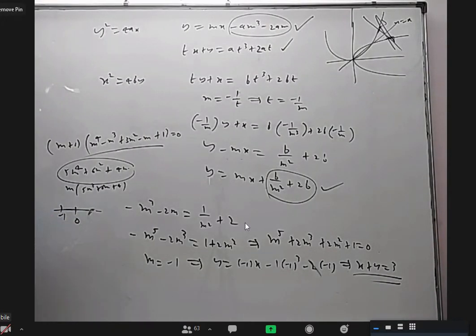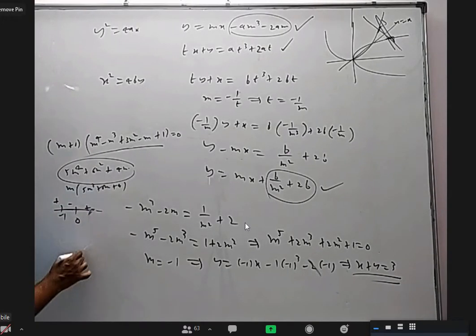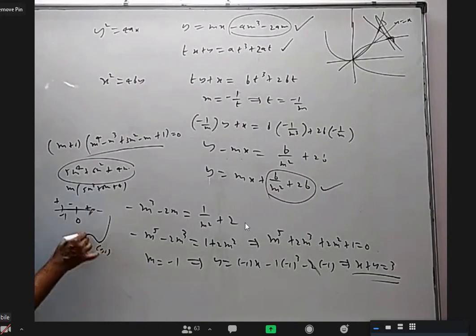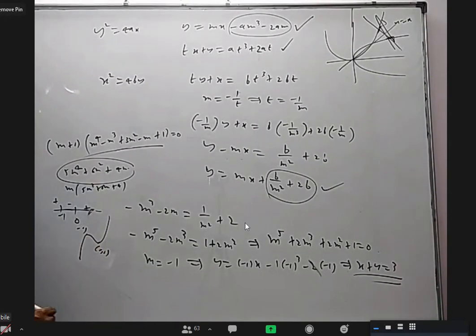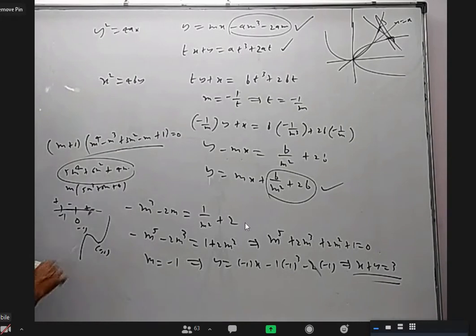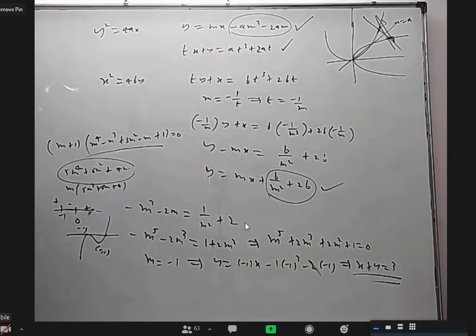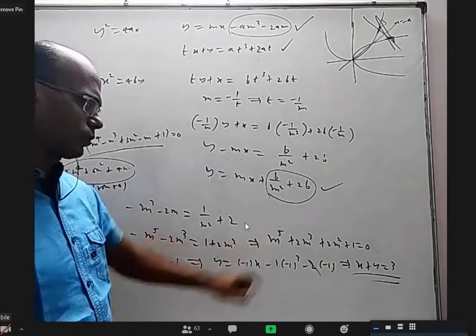Okay. So positive, negative, positive. Increasing, decreasing, and increasing. At 0 the value is 1. At -1, the value is 0 itself. It is touching there. It has one more root.